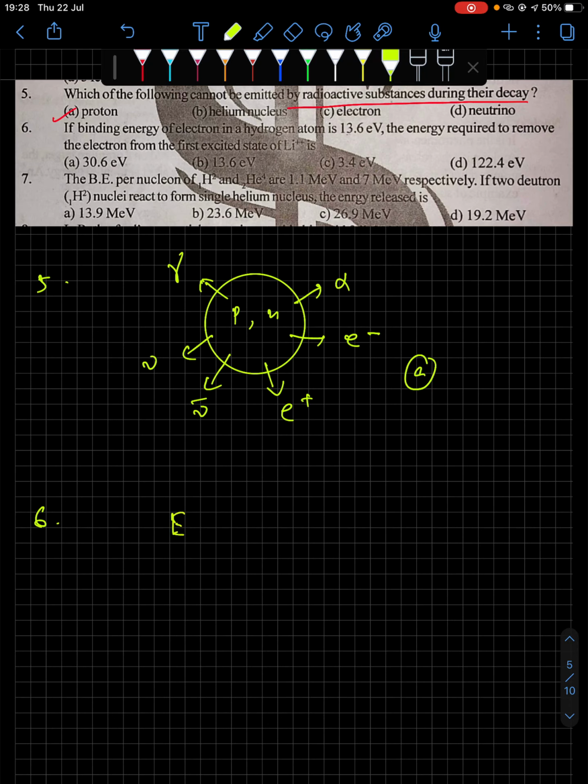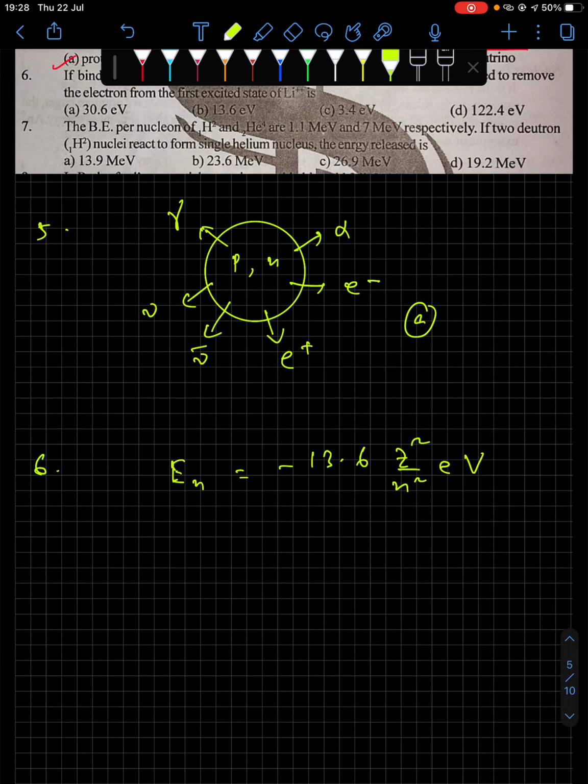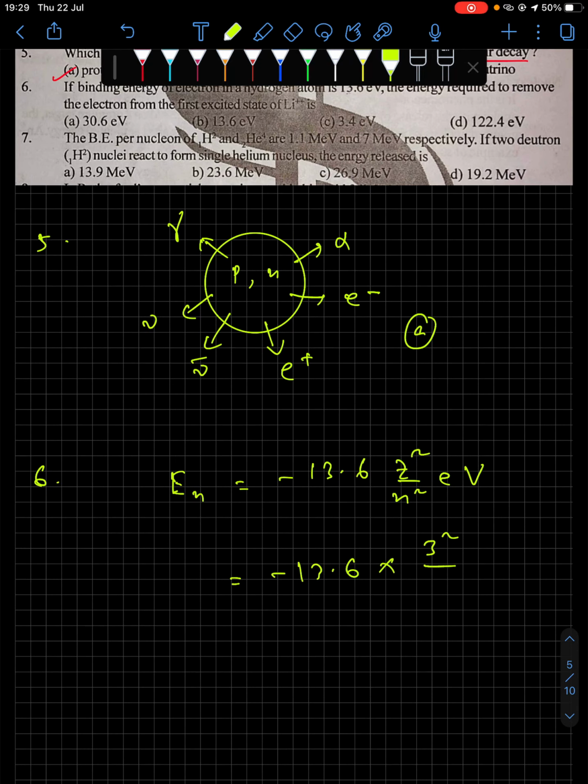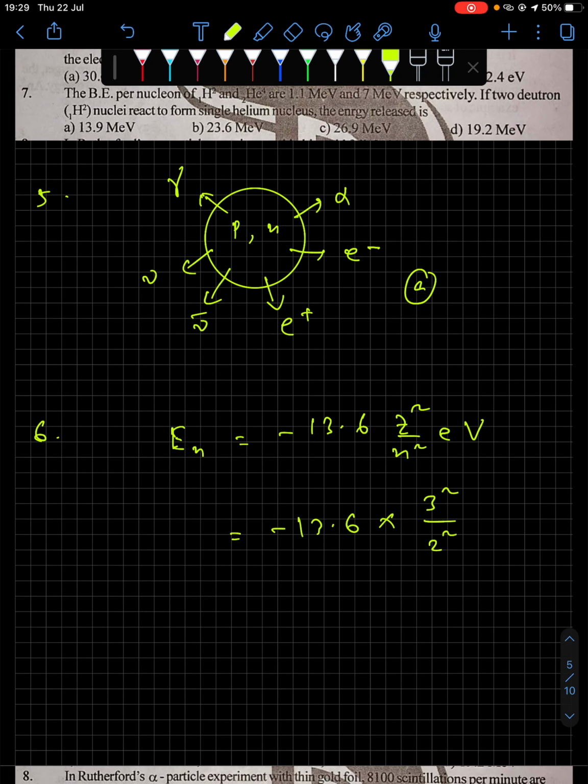Okay, so for hydrogen like systems, the energy relation was minus 13.6 Z square by n square electron volt. So minus 13.6 into, for lithium Z number is 3, and what is said here, first excited state, that means n value is 2.